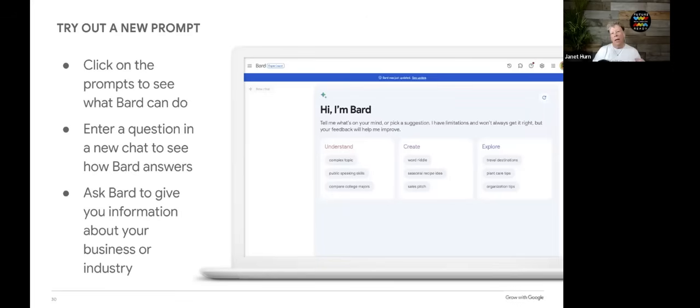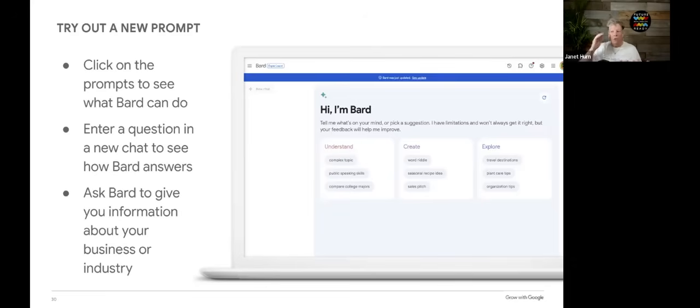The key to any AI tool, but particularly Bard, is garbage in, garbage out. We've all heard of that. And so if we put a prompt in that doesn't explain to the AI what we really want to know, if we're not clear, if we don't give it context, then we're not going to get very good results. So what we're going to provide to you in the guide is some prompts that you can use to develop your personas.